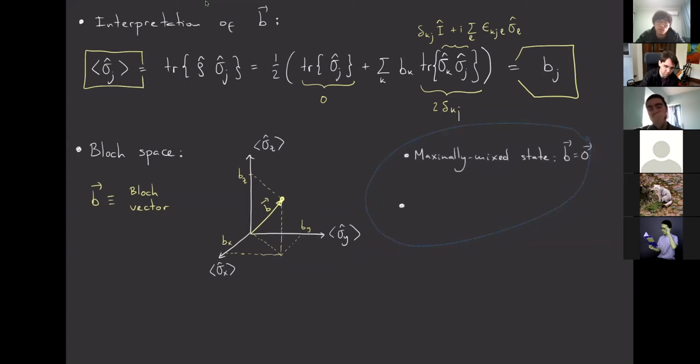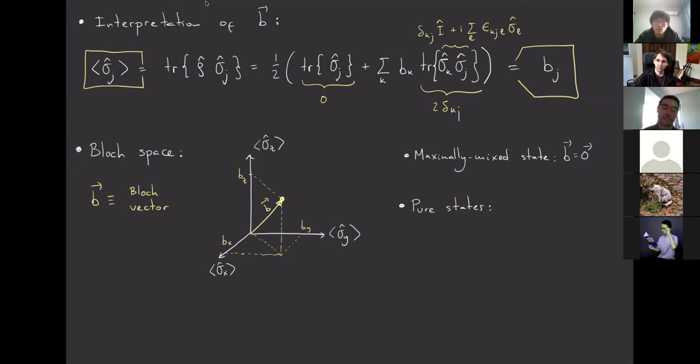Now, the next thing I want to discuss is, as you can imagine, the opposite limit. Imagine that I ask you about pure states. Pure states are not only one state, it's a family of states. There are infinitely many pure states.